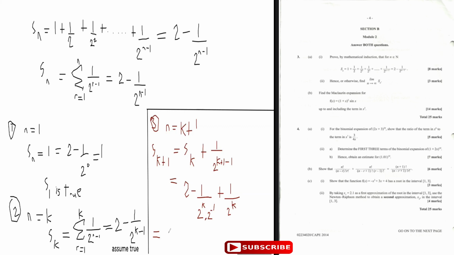So this is really now 2 minus 2 over 2 to the k, plus 1 over 2 to the k.